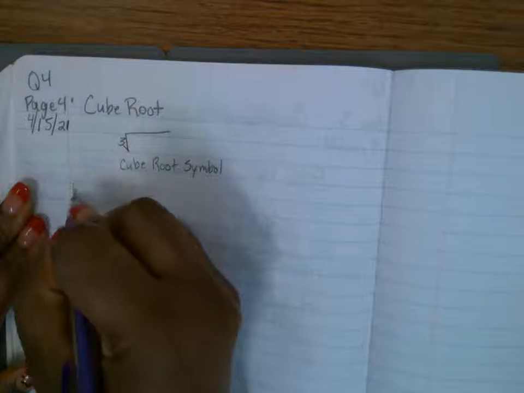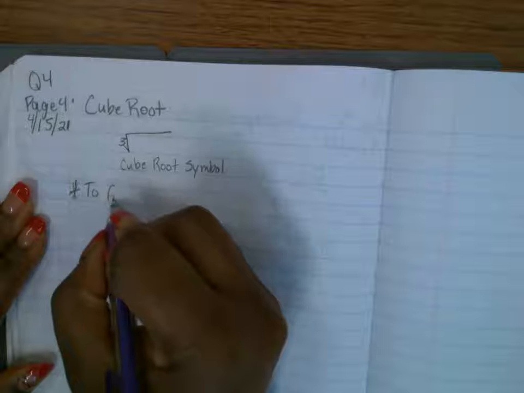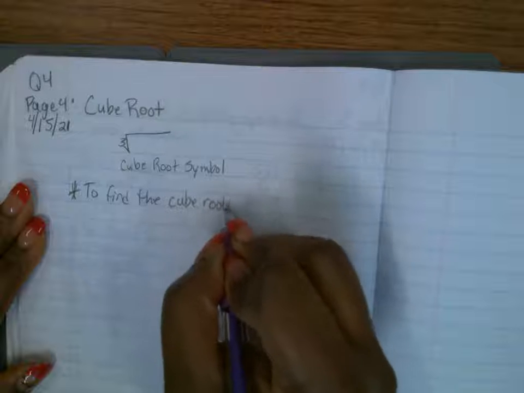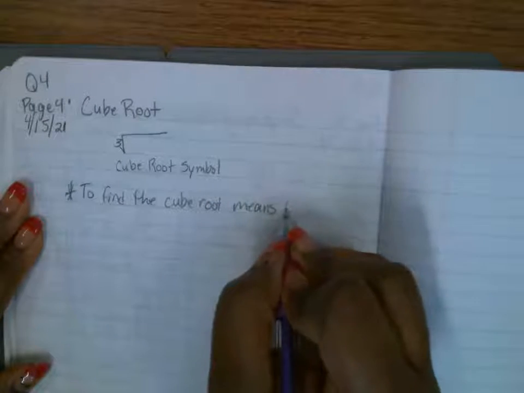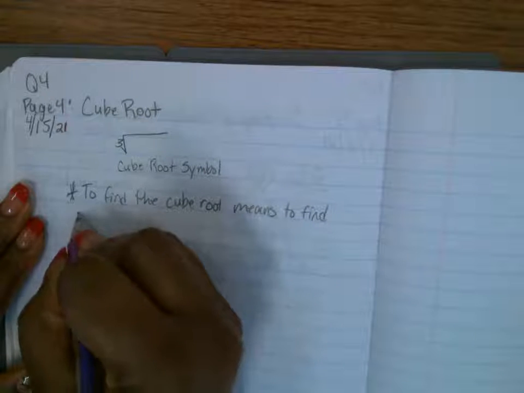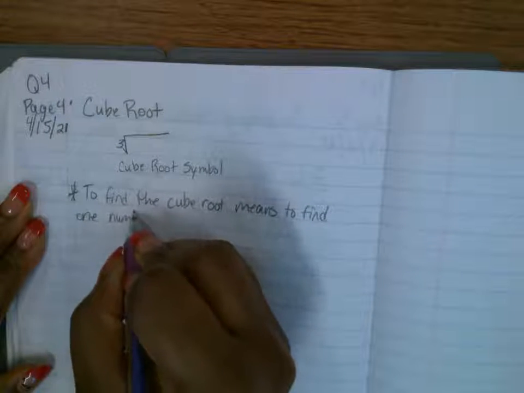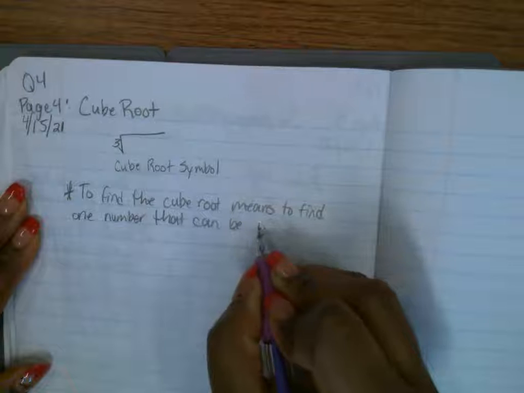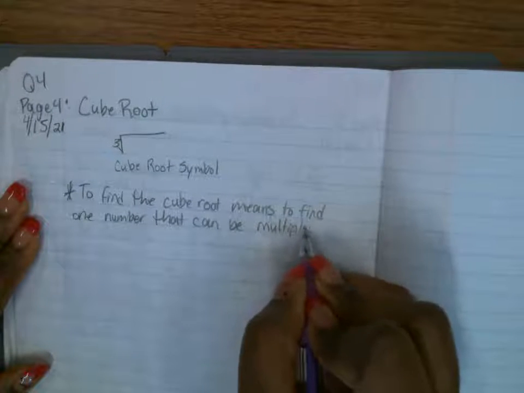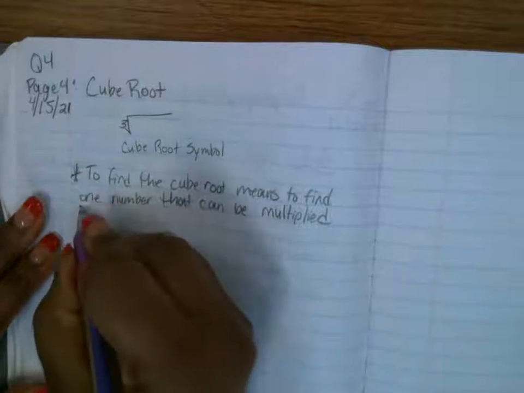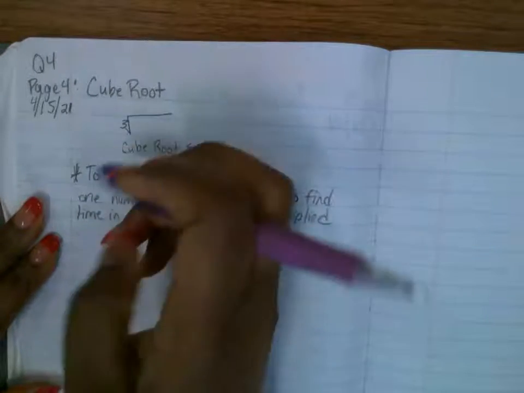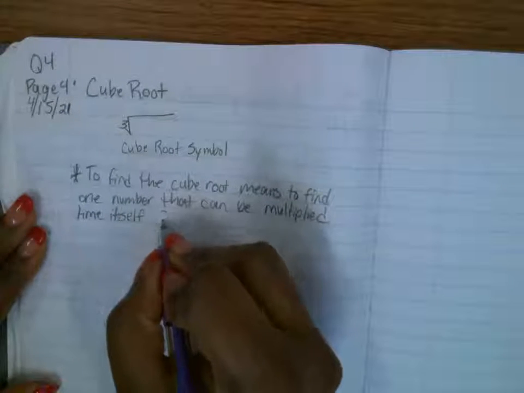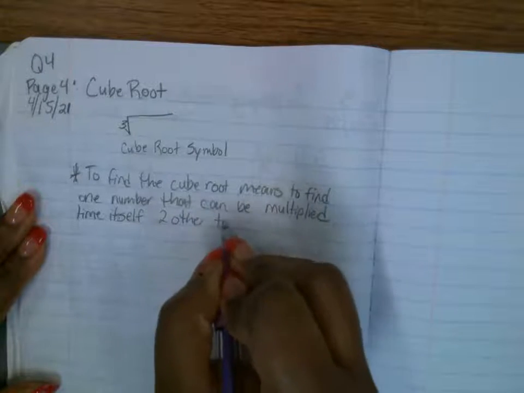To find the cube root means to find one number that can be multiplied times itself two other times, which is a total of 3.